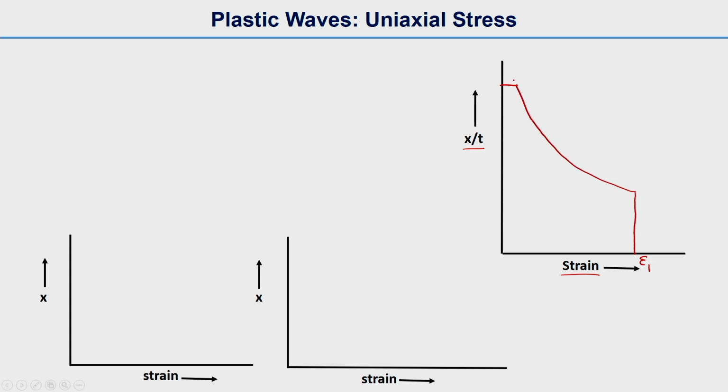Finally, this is C naught, the elastic longitudinal wave velocity, and this is the plastic longitudinal wave velocity. So this is the plastic wave front, and this is the elastic wave front.